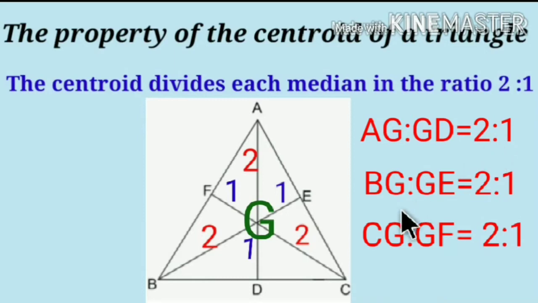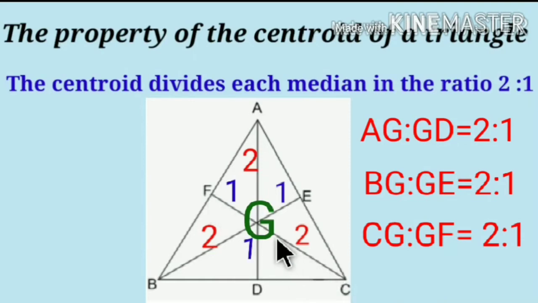Like this, the second median BE is divided by the centroid G into BG and GE. If BG is 2, then GE is 1, that is the 2:1 ratio. Then the third median CF is divided by G into CG and GF.